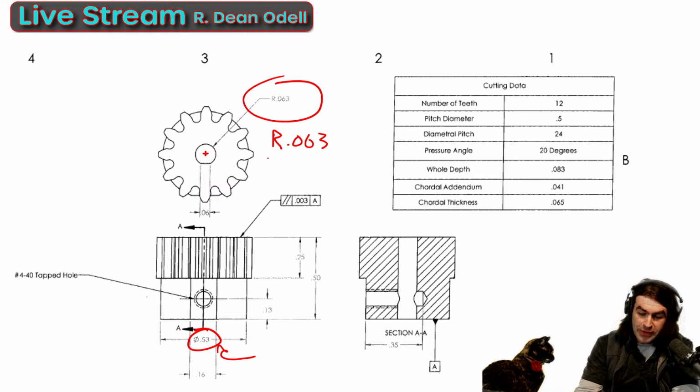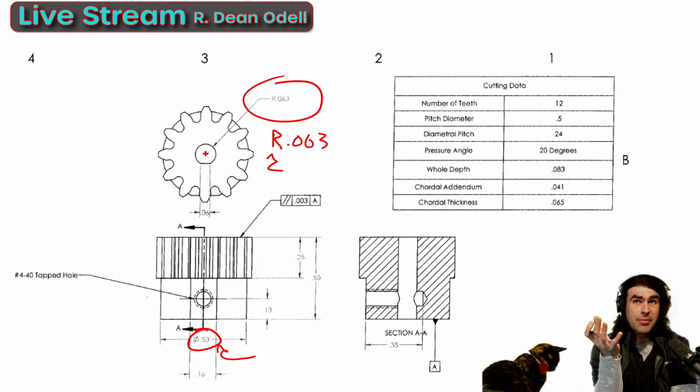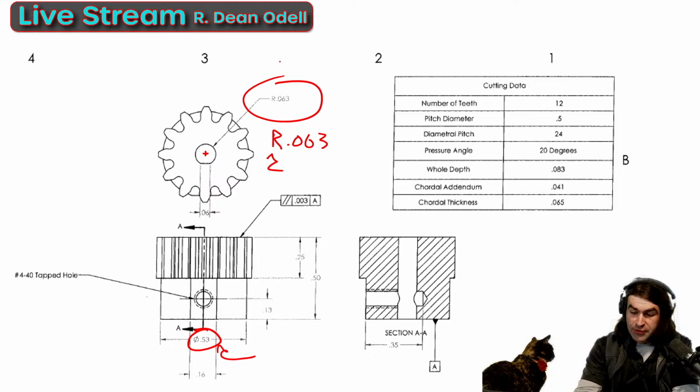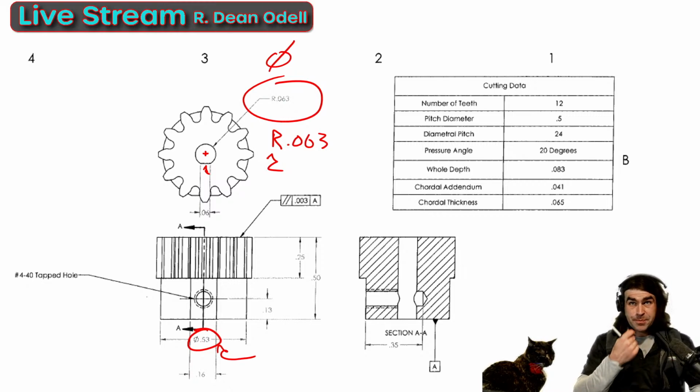All right, so the reason it says radius is because a CAD program doesn't know anything, right? I know now that that's a diameter. This feature should be a diameter, and it just happens to have a flat on it. But a CAD program doesn't know that, so you need to go in there and manually change it to a diameter.